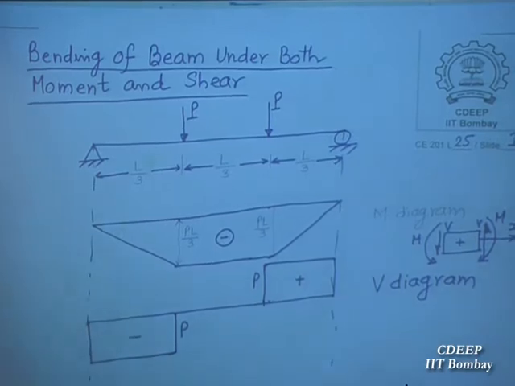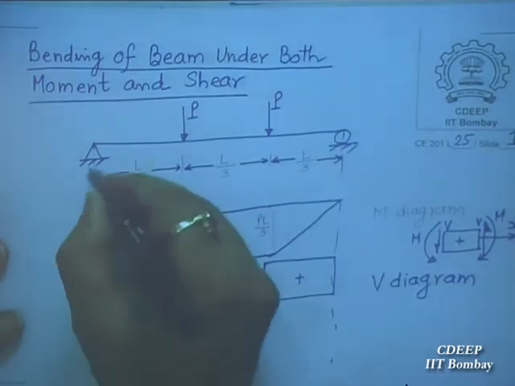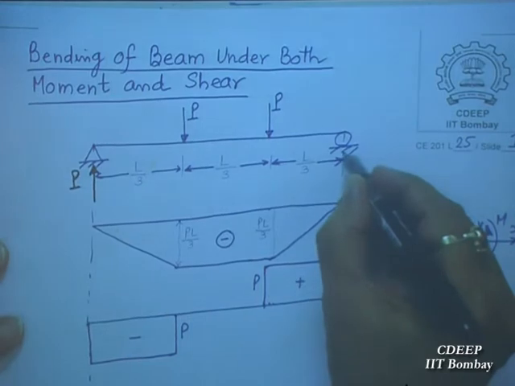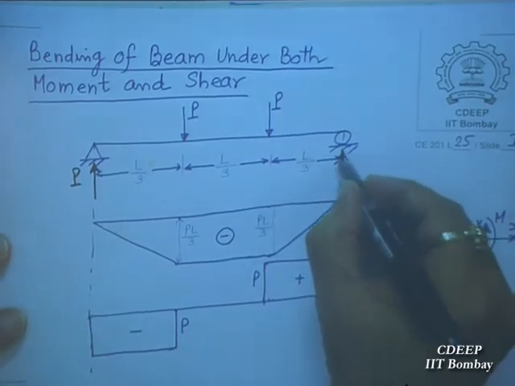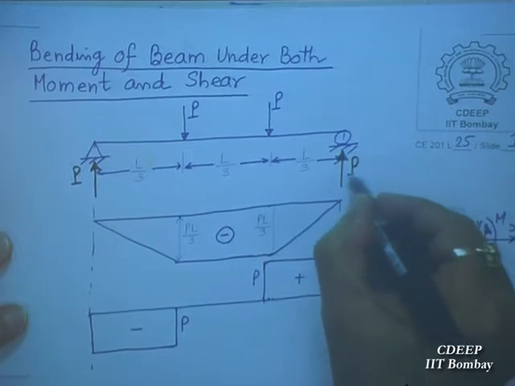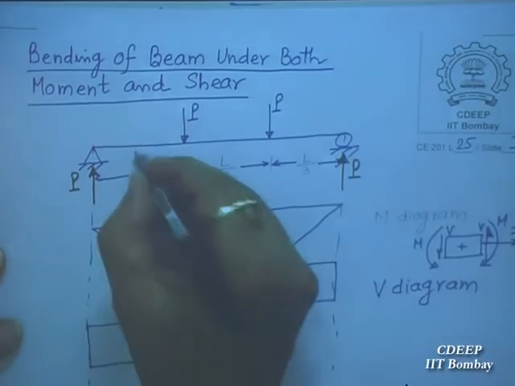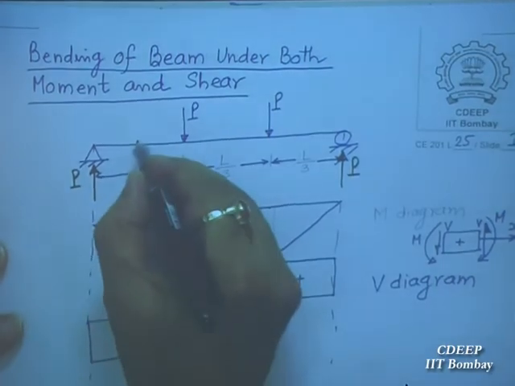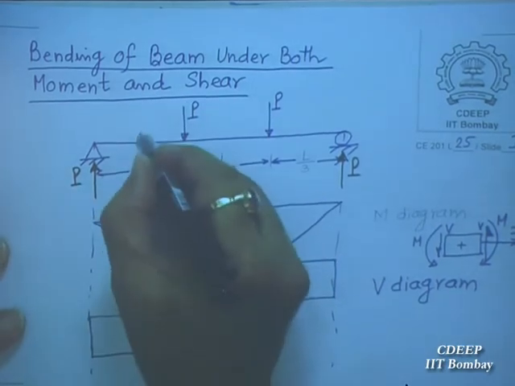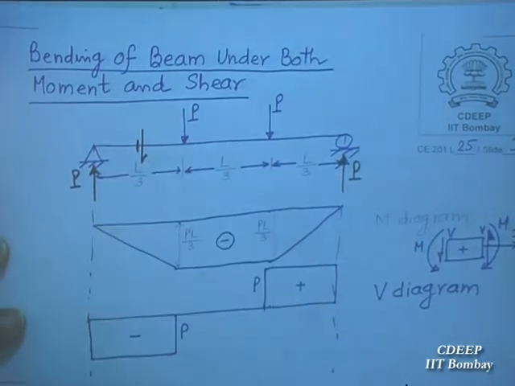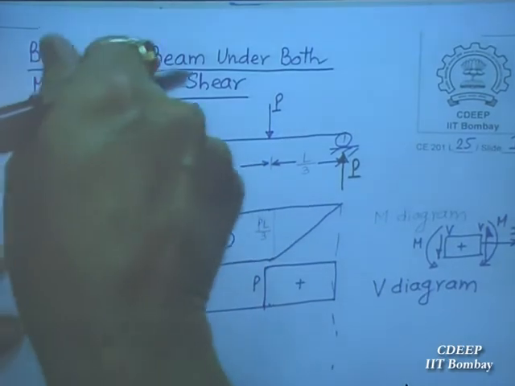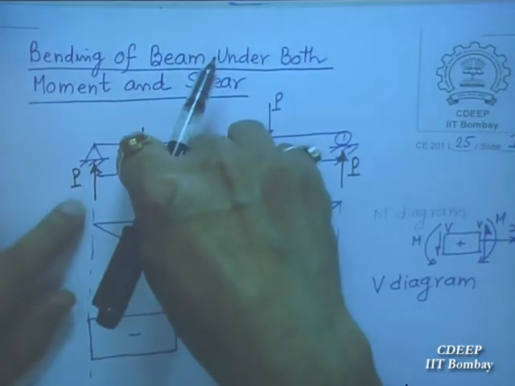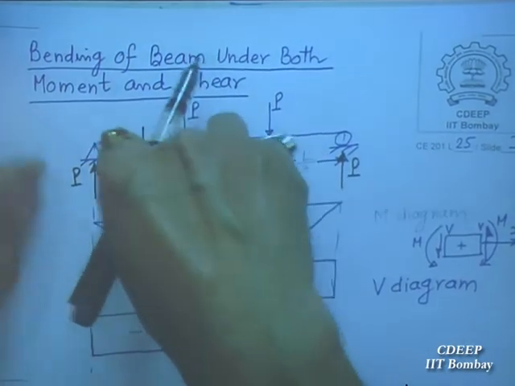Reactions are P and P. Although I have not removed the support, the reactions above are P. So at any cross section here, P and P, so P here will be like this, and the moment about this will be like this: P into this distance x, so that will be this.